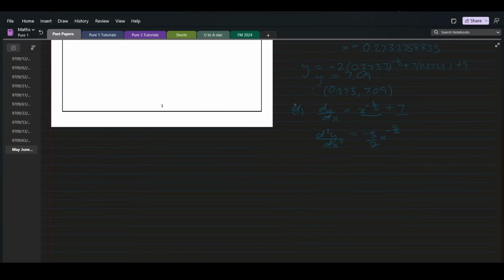We want to evaluate at x is 0.273, so this is negative 3 over 2 times 0.273 to the power negative 5 over 2.